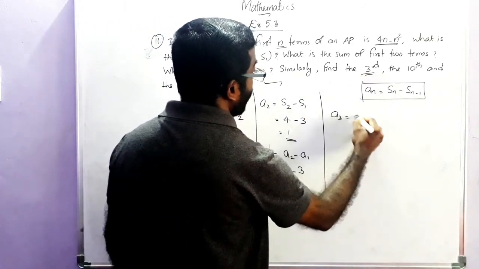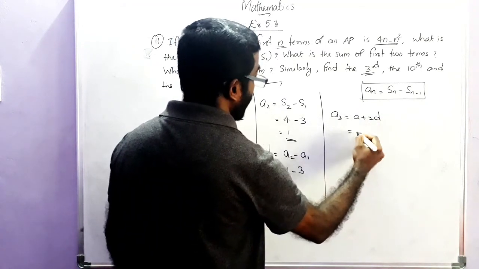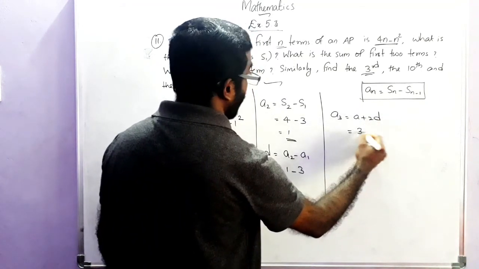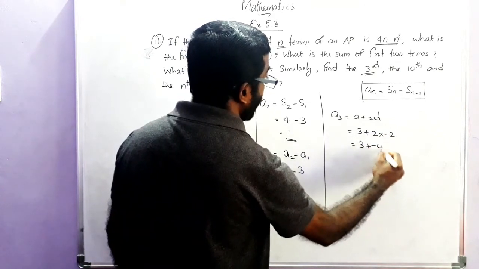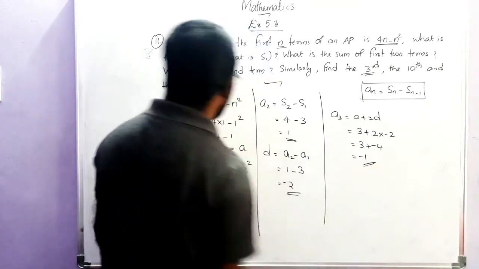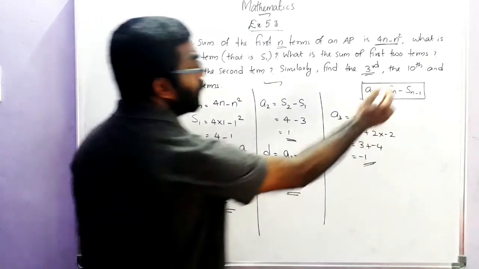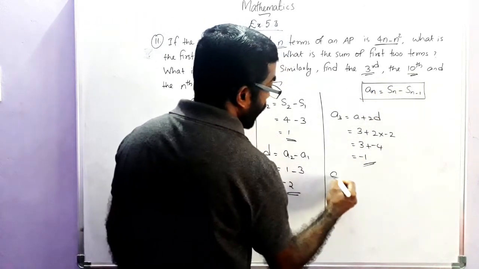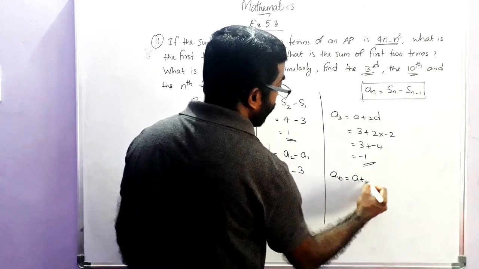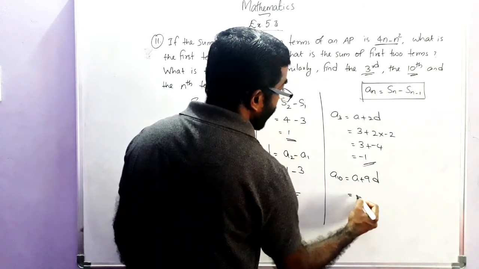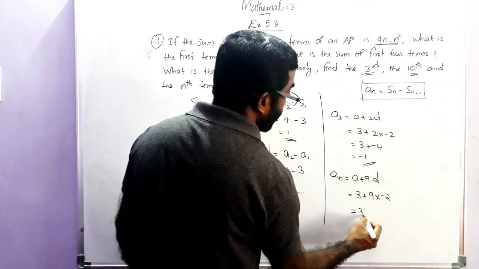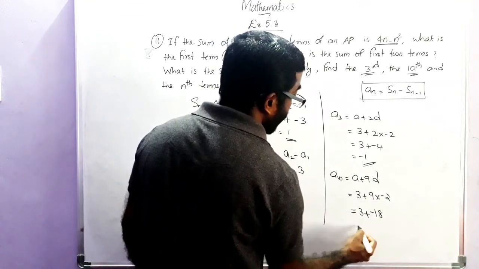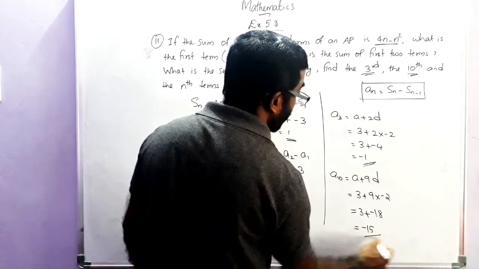A3 is equal to A plus 2D, that is 3 plus 2 into minus 2, 3 plus minus 4, which is equal to what? Minus 1. Okay. Now the 10th term, A10 is equal to A plus 9D, which is equal to 3 plus 9 into minus 2, that is 3 plus minus 18, which is equal to minus 15.